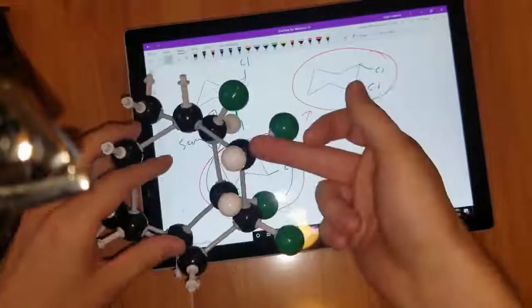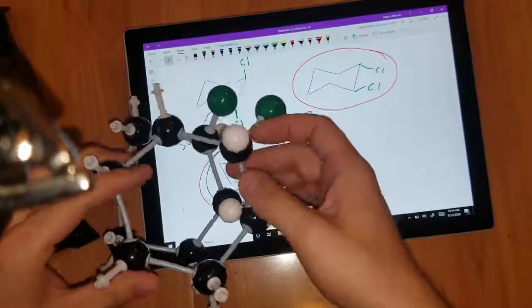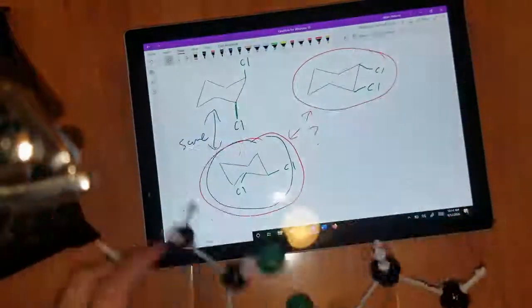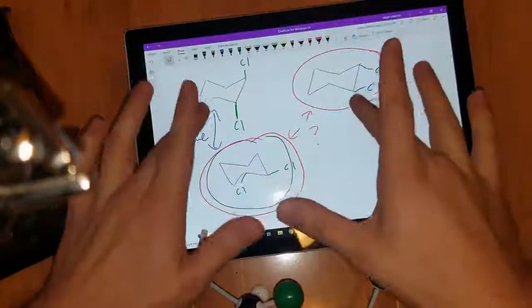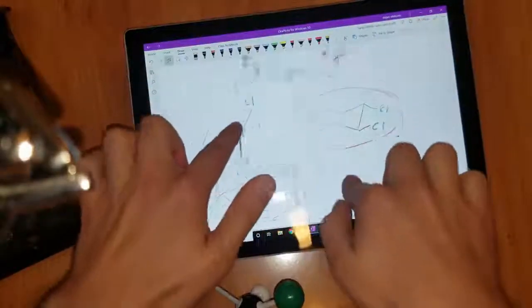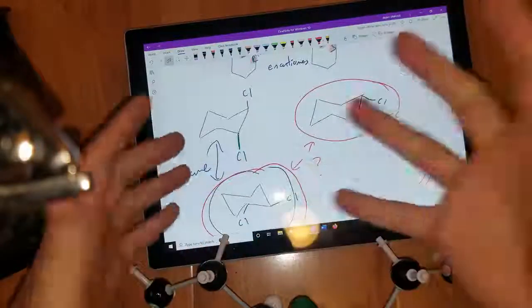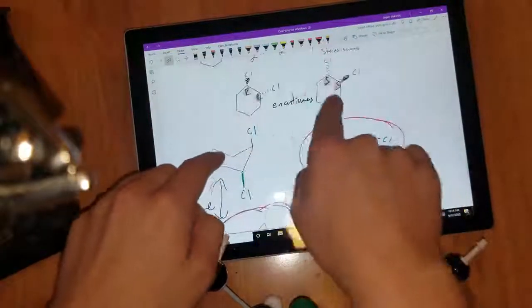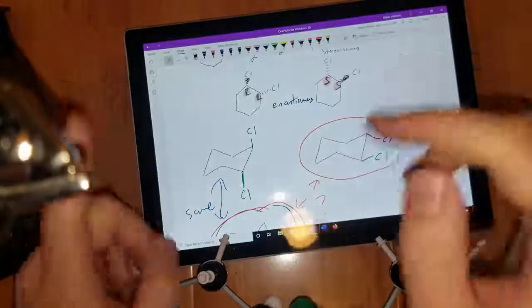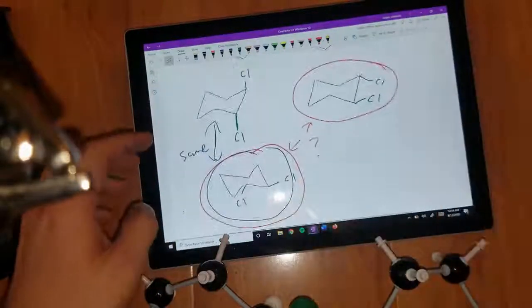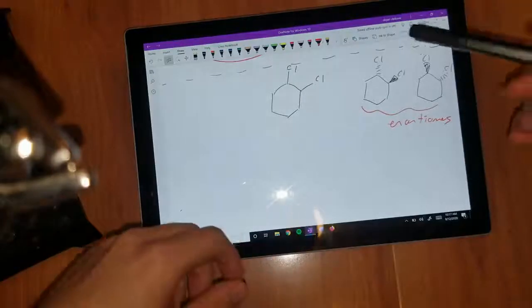We still can't do that. This hydrogen is still pointing up. So there's no way to superimpose them, so they are indeed enantiomers. So when it comes to cyclohexane, it's actually easier to use this than it is this, in my opinion. So I would recommend that you stick to this, although there is one tricky case that we'll go over next.